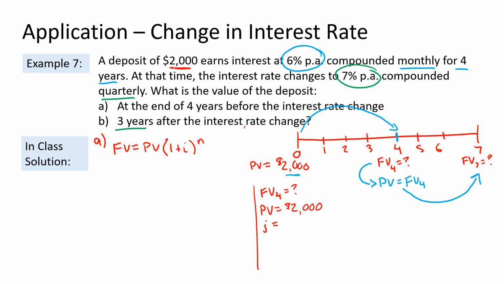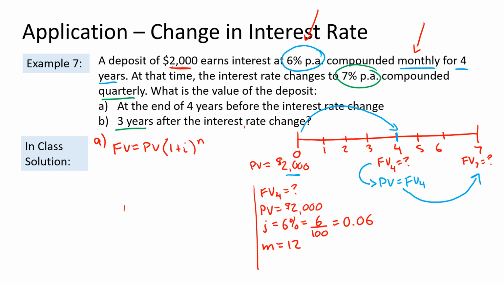Okay, we know our nominal interest rate for this first period of 4 years is 6%. Which, remember, converting to a decimal is 6 divided by 100, removing the percentage sign, which is 0.06. For M, it's compounded monthly, meaning that M is 12.